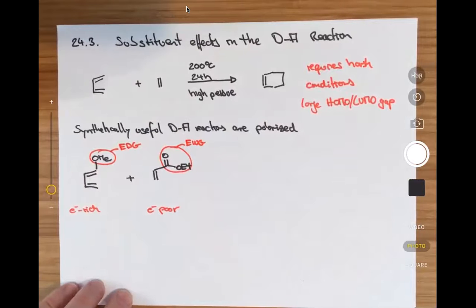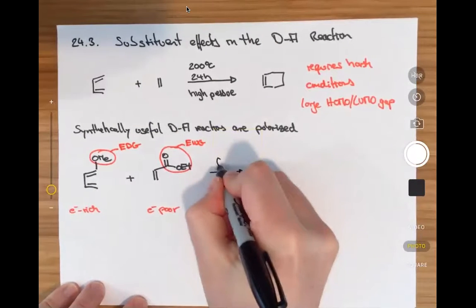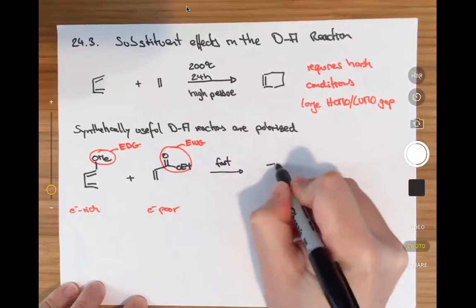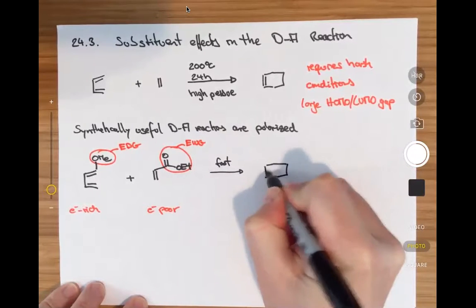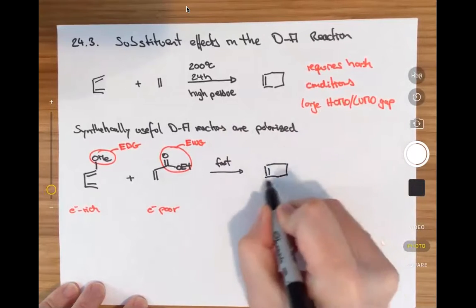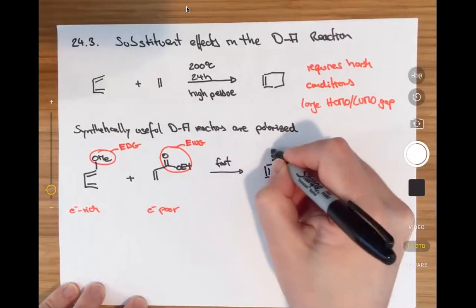And if you run this reaction, it proceeds actually fairly fast. And you get a mixture of products out of this that are characterized. Again, we expect to see the cyclohexene backbone, and then we have to place the substituents.